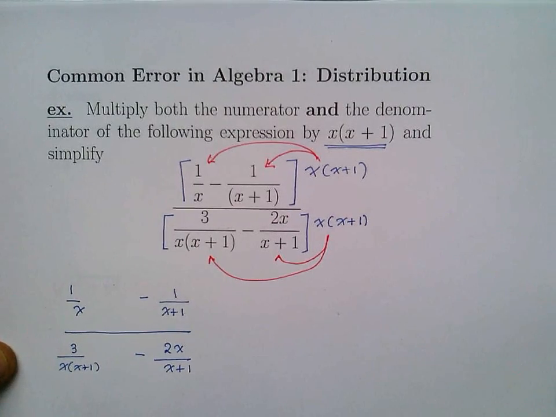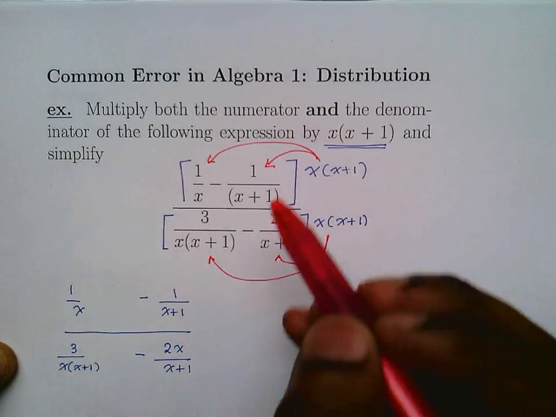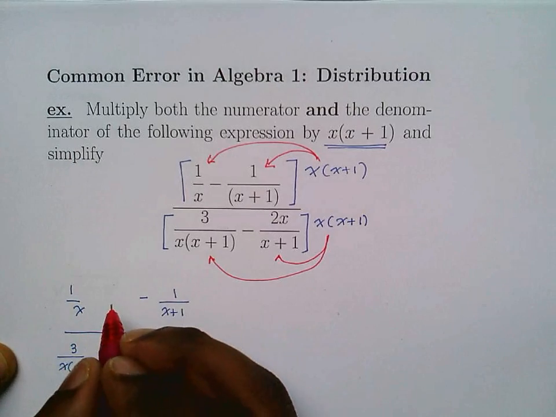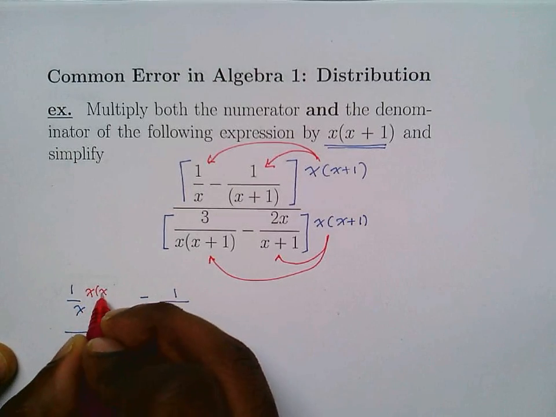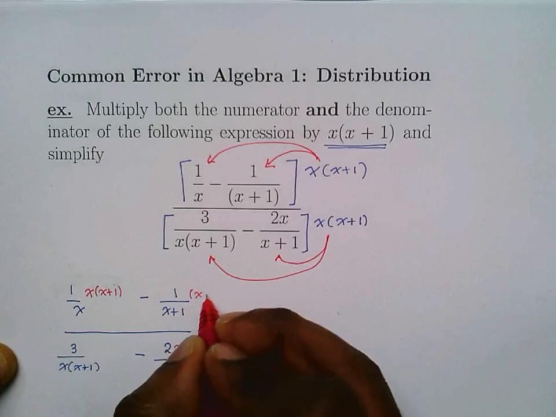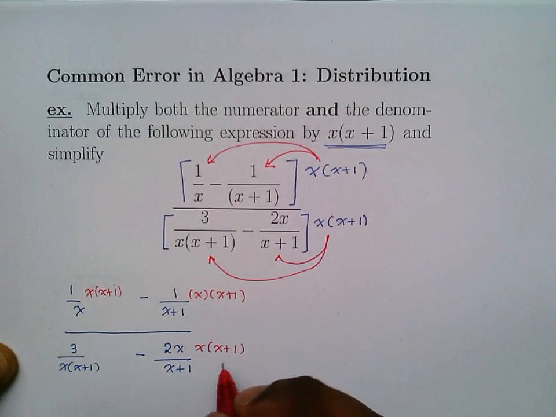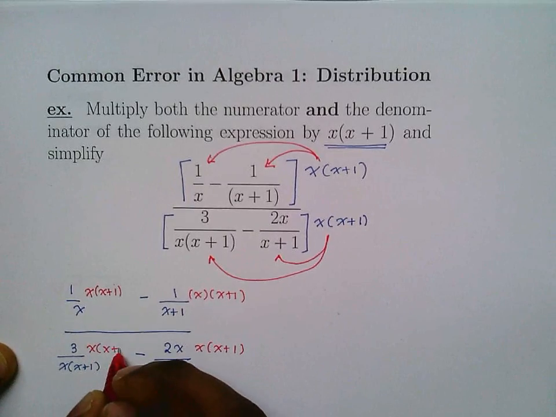That's what you had originally in the question, and you were multiplying, and in the distribution step, you will be distributing it to all the terms. Now that would be x times x plus 1 here, x times x plus 1 here, x times x plus 1 here, and x times x plus 1 here.